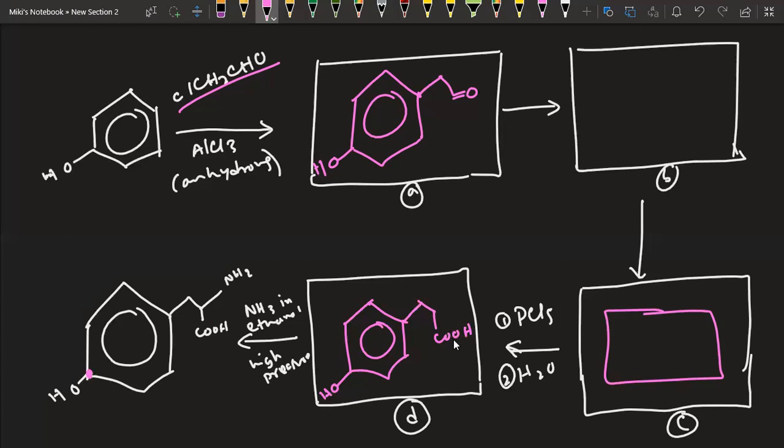Okay, if that's the case, then carboxylic acid remains, but the amine could be produced due to the addition of ammonia. Now how can that be the case?